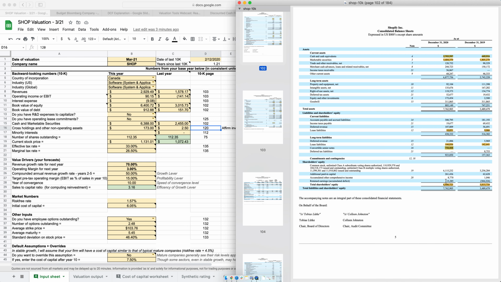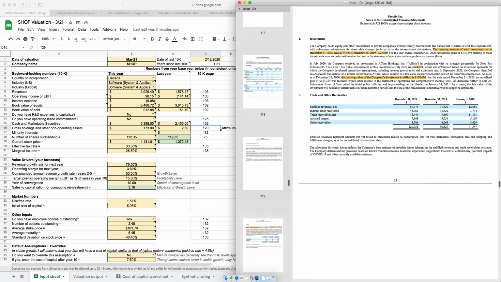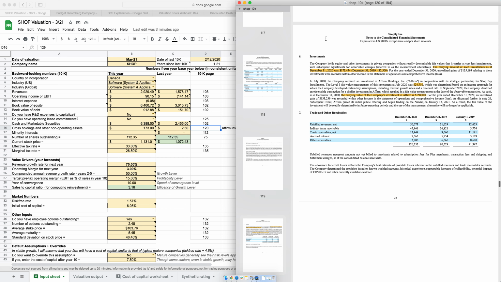In this case, I found a mention of this on page 120. So investments, maybe you try and look up this word in the 10K. I read that and said, okay, the carrying amount of such investments as of the end of last year was $173 million, which is the actual amount, which is what I put in here. It looks like the majority of that stake is a stake in Affirm, which is another company that does payments, fintech stuff.